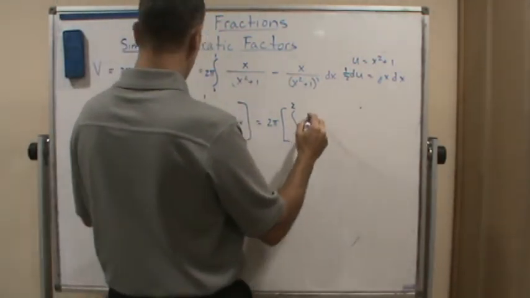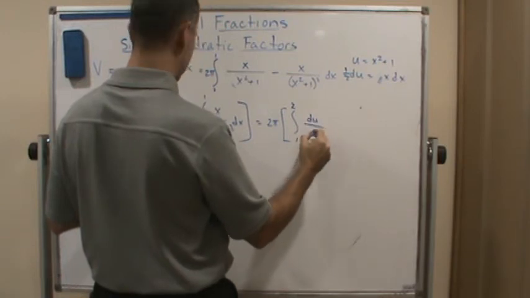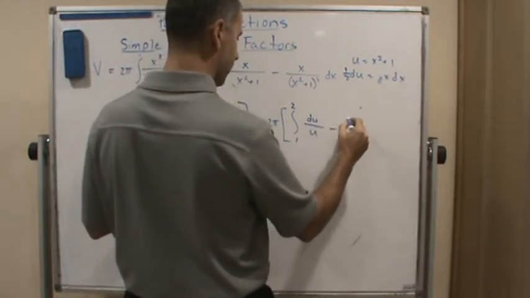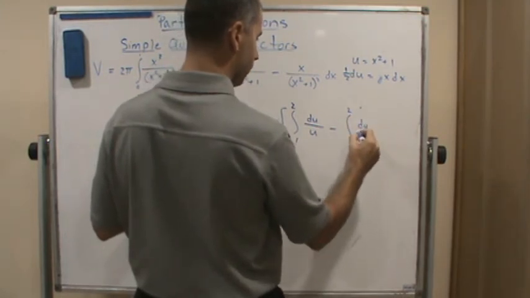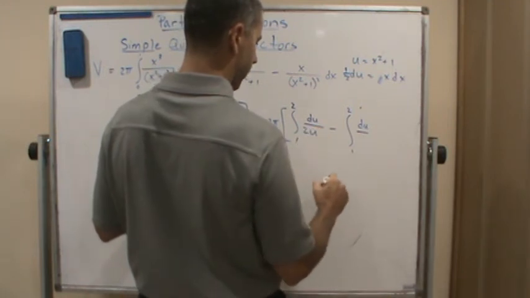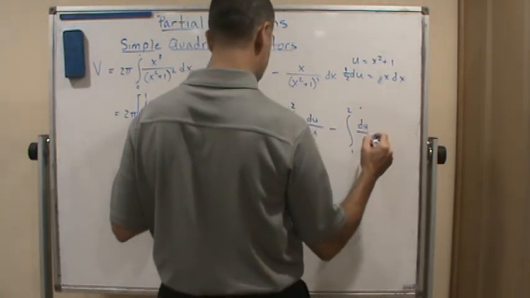And this is going to become du over u minus the integral from 1 to 2 of du over u squared. Okay, there we go.